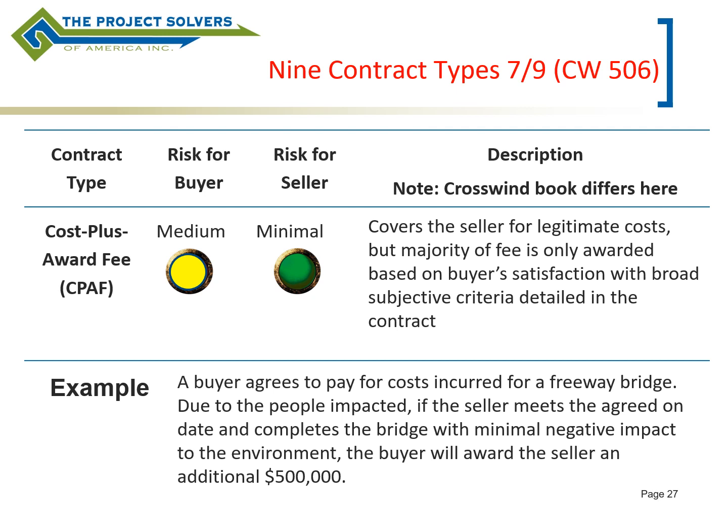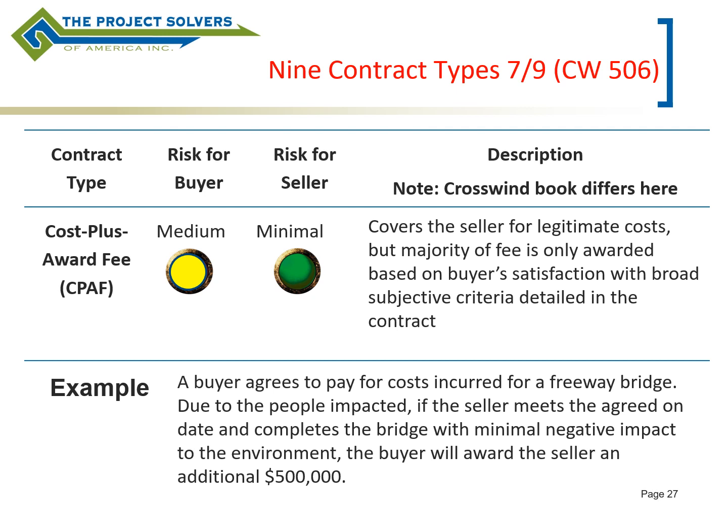An example would be a buyer agreeing to pay for the costs of a freeway bridge, but due to the number of people impacted, if the seller meets the agreed on date and completes the bridge with minimal negative impact to the environment, then the buyer will award the seller an additional $500,000.